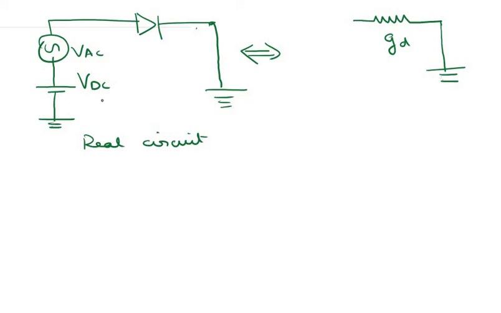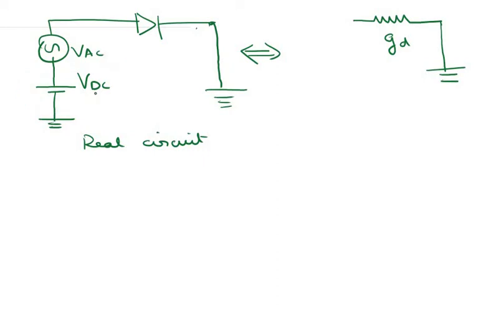So in the small signal AC model, this DC voltage would no longer be added, because we only want to know how the AC component of the current is related to the AC component of the voltage. And it is not wrong to omit this DC voltage, because there is no AC component of the current which comes from this DC voltage.